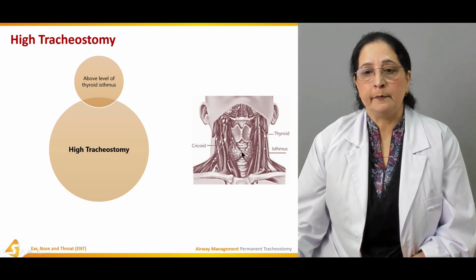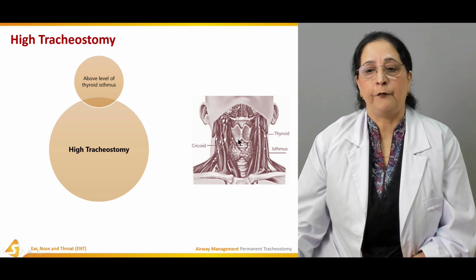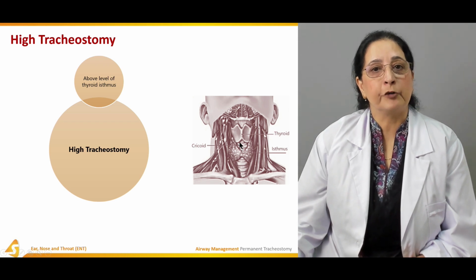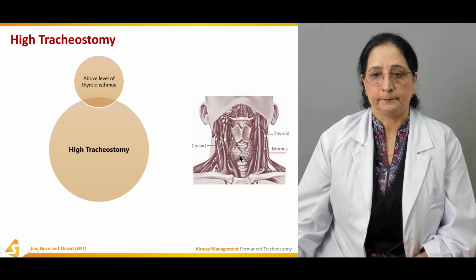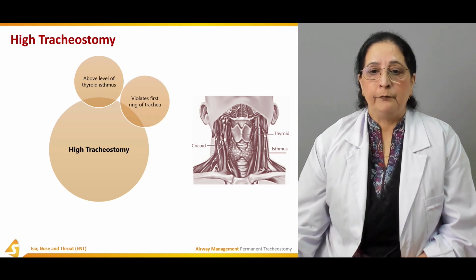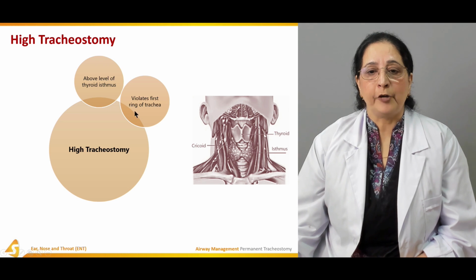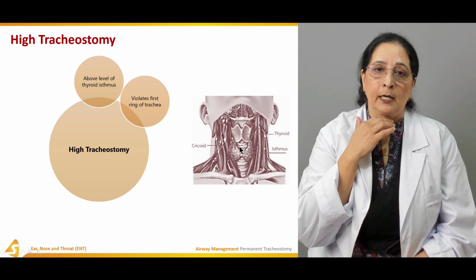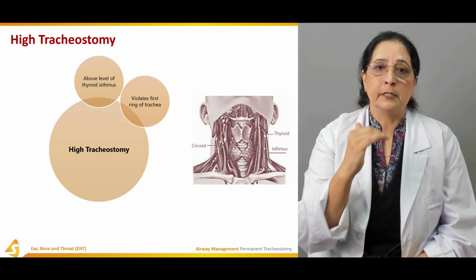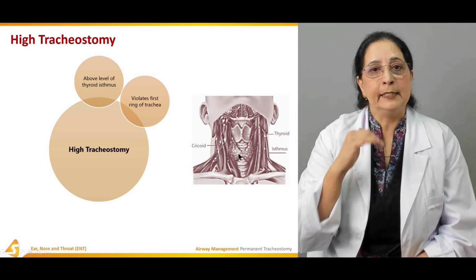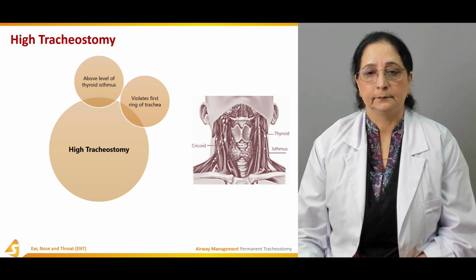This is the isthmus, and it is performed above the level of the thyroid isthmus. So this is the site where the high tracheostomy is performed. It violates the first ring of the trachea. So the first ring of the trachea is where high tracheostomy is performed, above the thyroid isthmus.